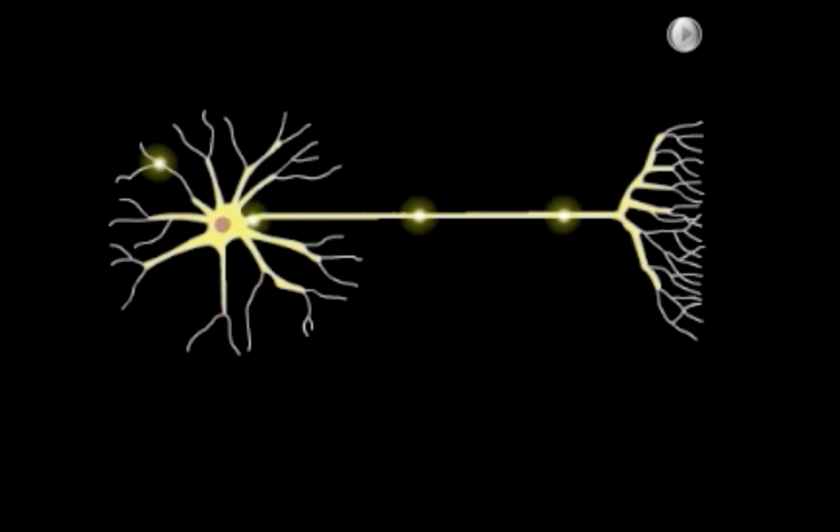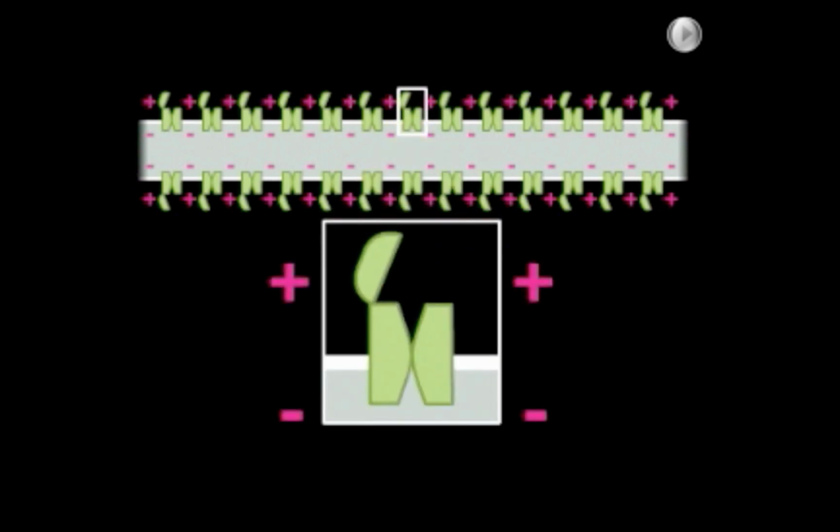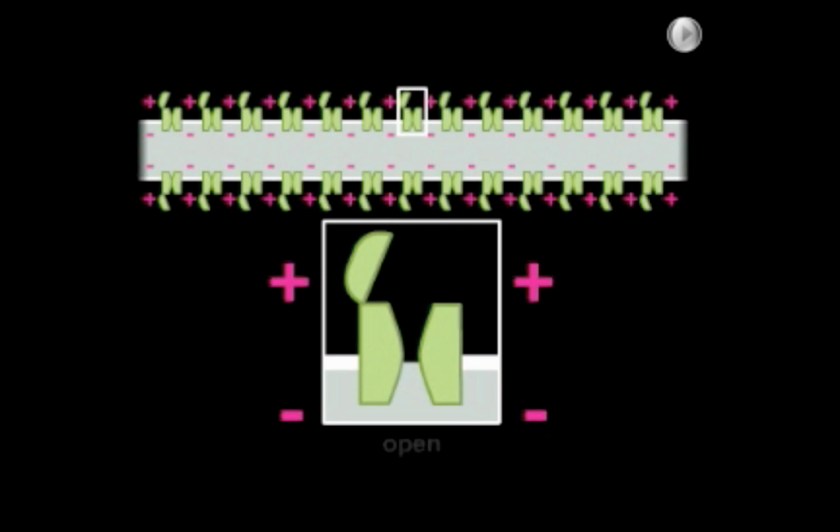To transmit an action potential over such a distance without weakening requires that the signal is continuously reamplified along the way. The central molecular players in this process are the voltage-gated sodium channels, which undergo a cycle of finely choreographed conformational changes. When an action potential passes, sodium channels open in response to membrane depolarization.